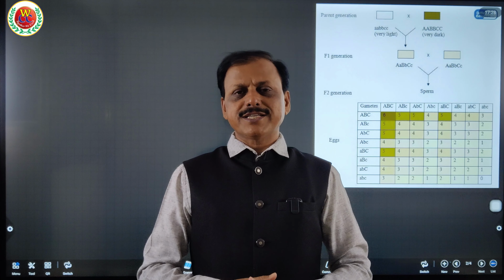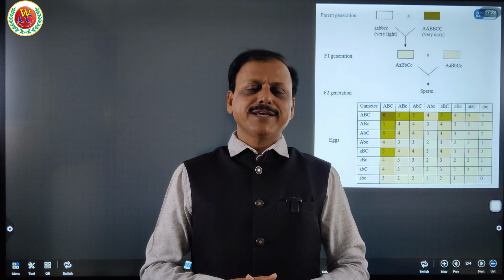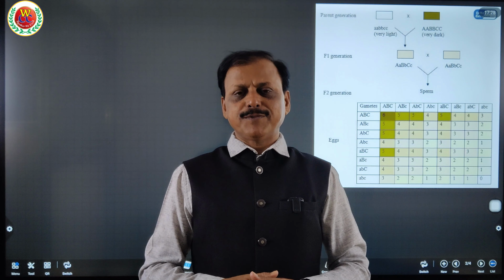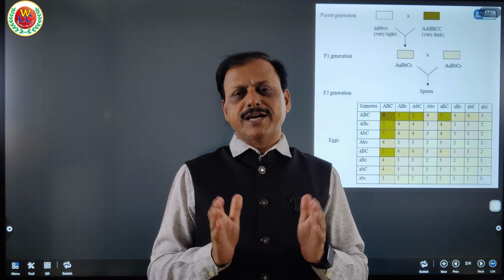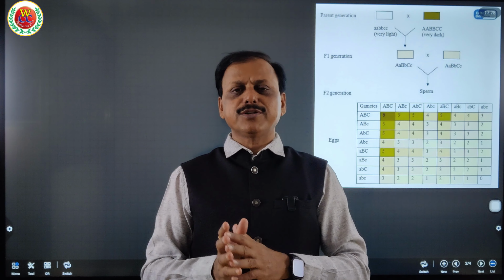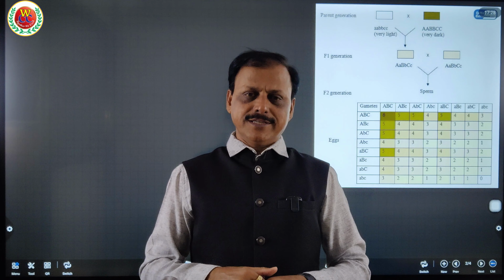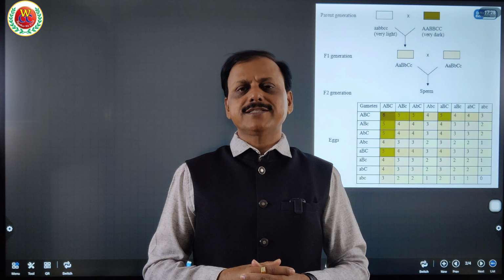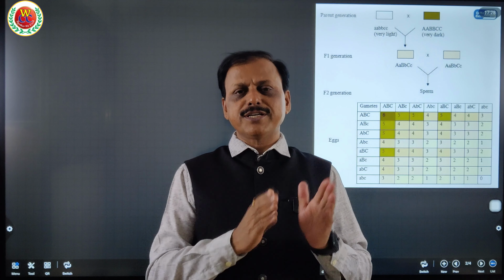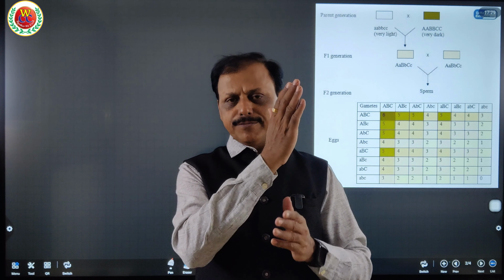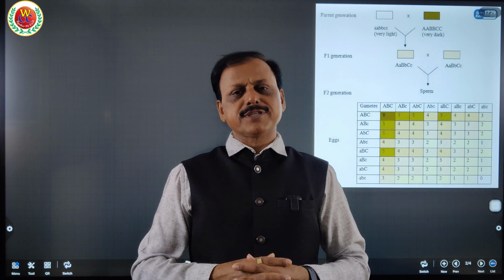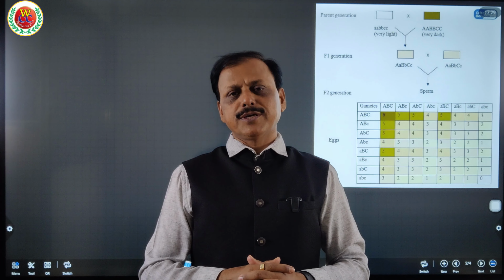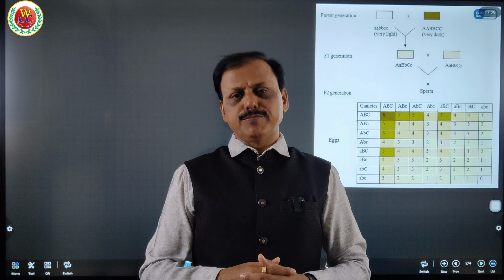But in society, you would have observed that many traits do not have distinct forms. The height of a human being has no two forms like only very tall or only dark, but there are intermediate forms in between, as well as skin color. It is not only dark or only light, but there are various forms of skin color: very black, blackish, whitish, mulatto, light, very light, or albino.